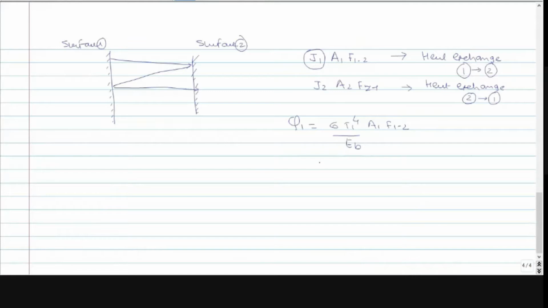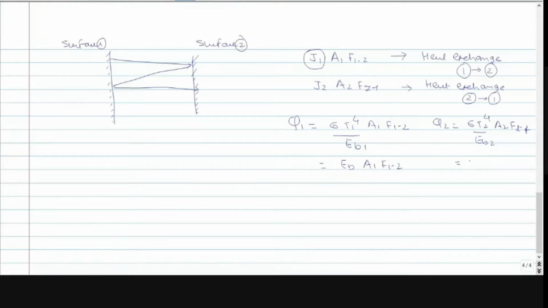If you go back to the derivations of black surfaces, we have written it like this for Q1. Similarly, we write for Q2, that is sigma T2 to the power 4 into A2 into F2 to 1. So this is also EB2, and here it is EB1.